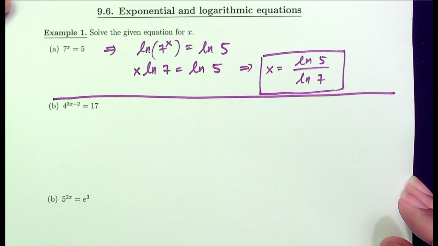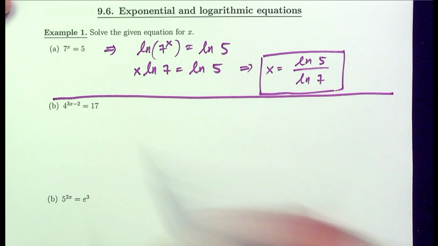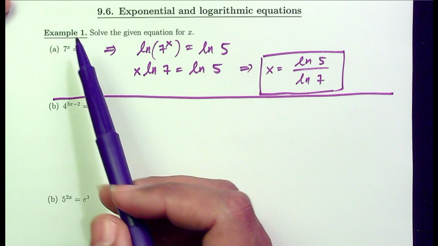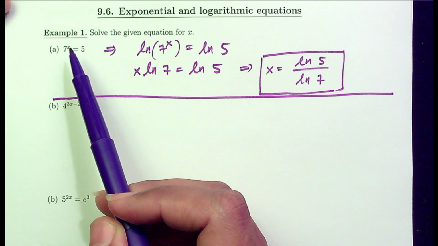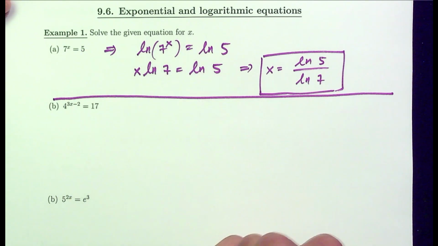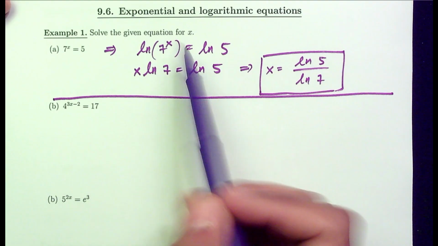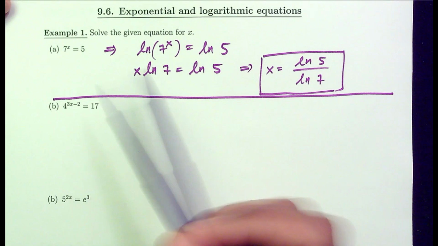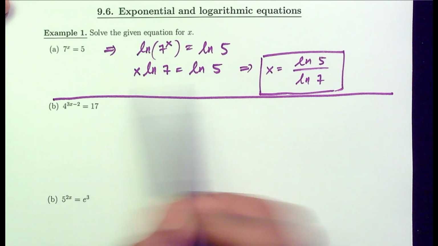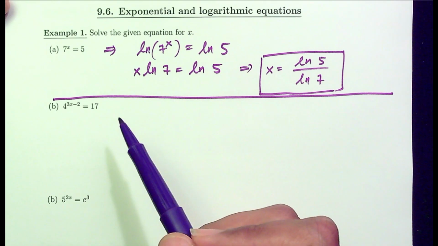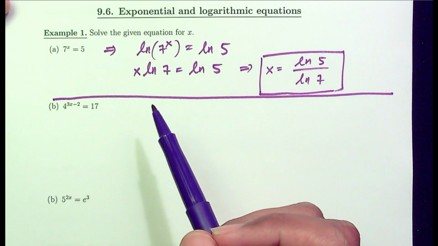And that is the idea in all of these problems. To bring variables that are in the exponent down, you just take ln on both sides, and immediately use the property of logarithms to bring the variable down, and after that point, you can just manipulate as usual to solve for x.